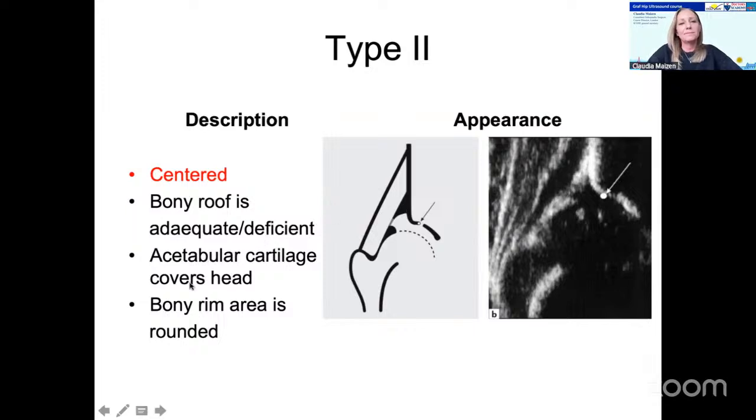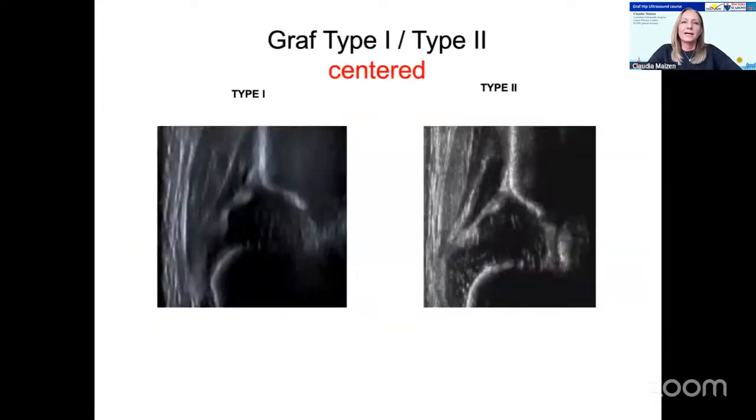The bony rim area in this case is round, so it's not angular or blunt anymore. It's not as well defined. It is now starting to round off. So we decided the hip is centered, and we described our turning point versus our labrum.